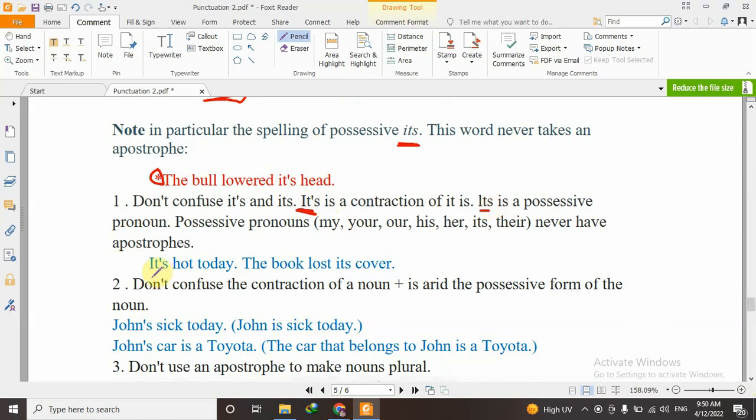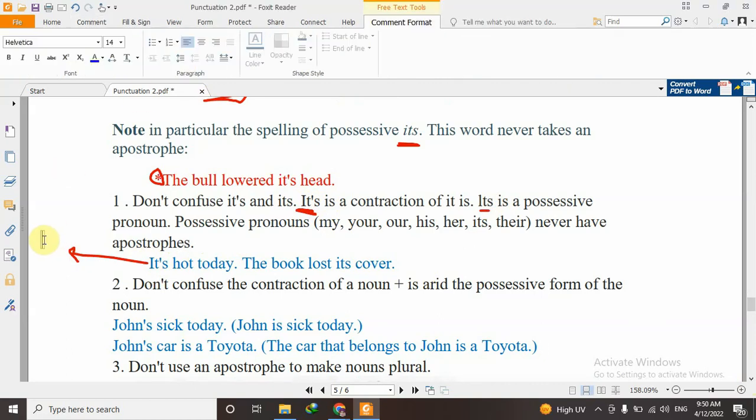For example, when I say "it's a hot day", this is "it is a hot day". But when I say, for example, "the book lost its cover", "its" here is a possessive pronoun.